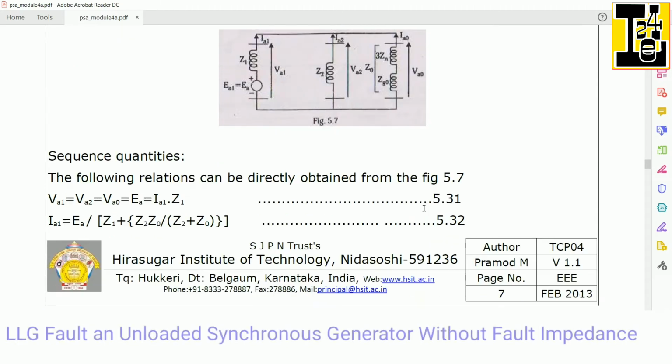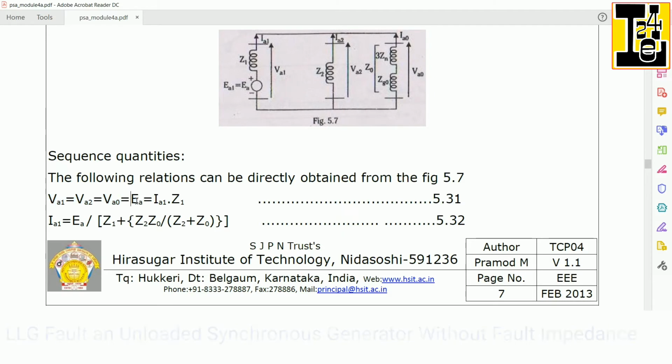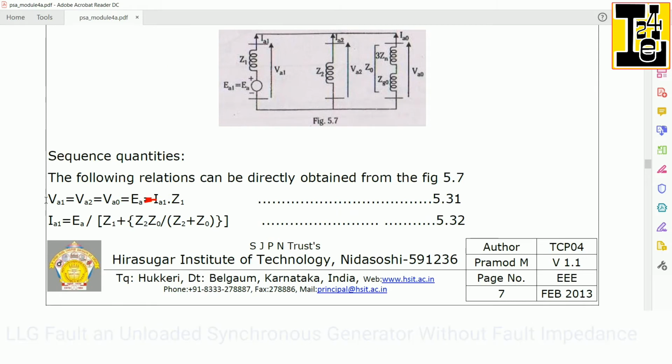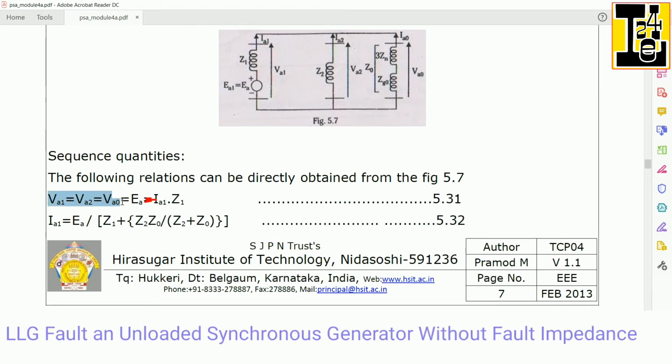Let us find the six sequence quantities. The first three sequence terminal voltages can be easily found. We know that VA1 is equal to EA minus IA1 Z1, and VA1 is equal to VA2 is equal to VA0.